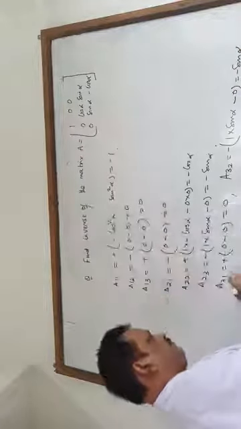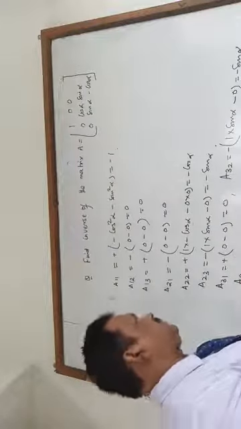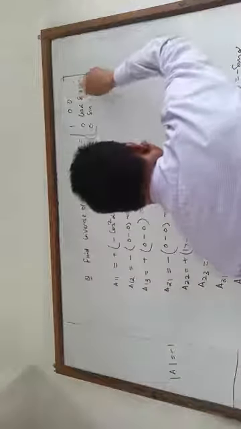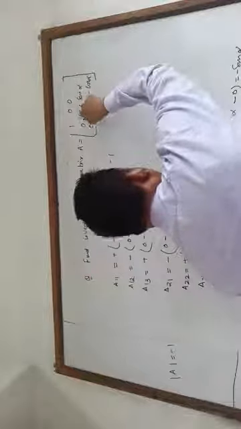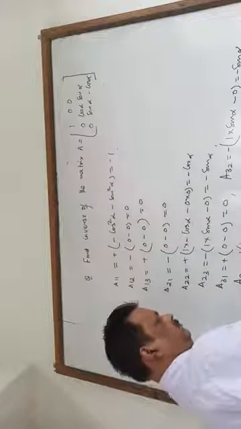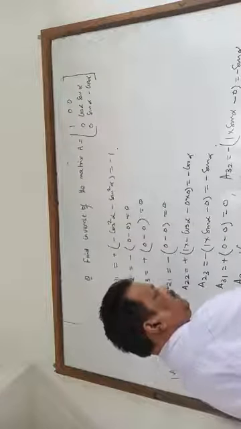Last one, A33. A33 is this place. Forget this line, this line. Then 1 into cos alpha minus 0. Cos alpha.